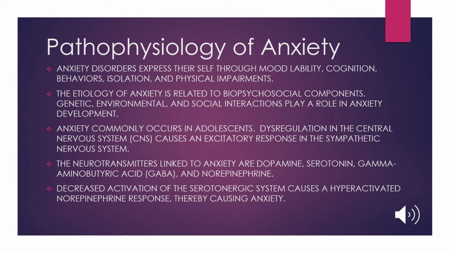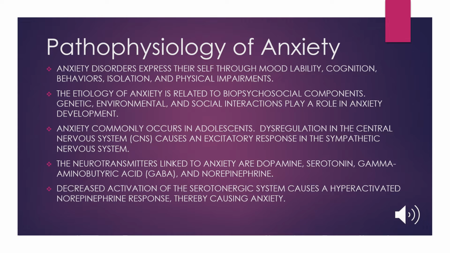Anxiety commonly occurs in adolescence and is noted as the most commonly diagnosed condition in adolescence. Usually what occurs during this process is dysregulation in the central nervous system that causes an excitatory response in the sympathetic nervous system.